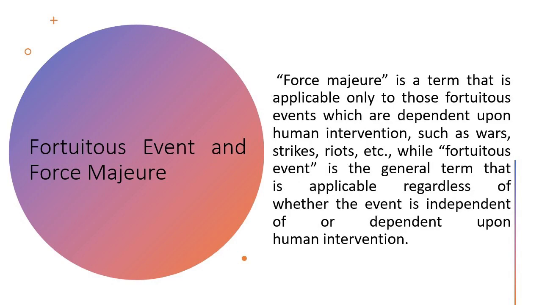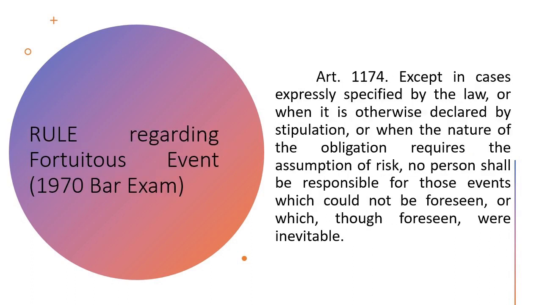Force majeure is a term that is applicable only to those fortuitous events which are dependent upon human intervention, such as wars, strikes, riots, etc., while fortuitous event is the general term that is applicable regardless of whether the event is independent of or dependent upon human intervention.